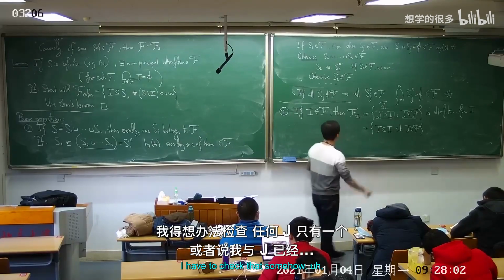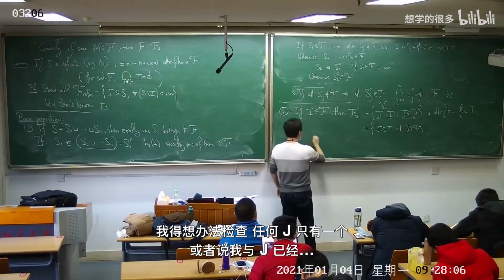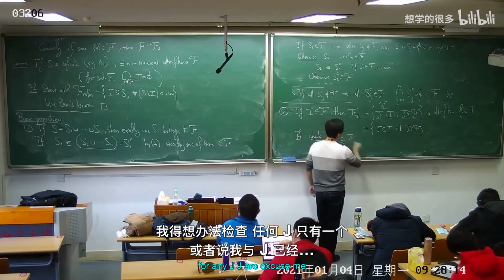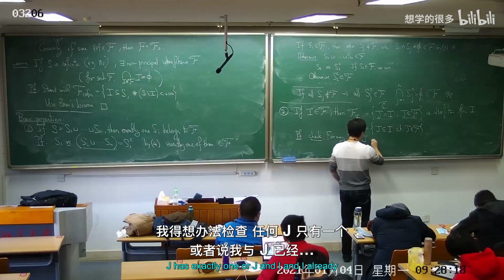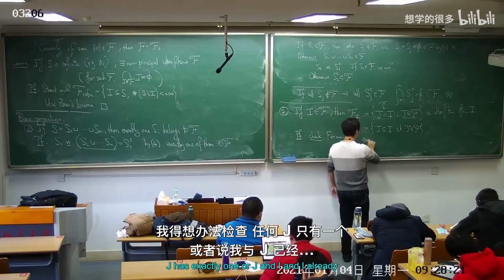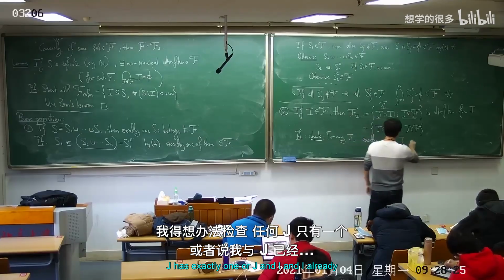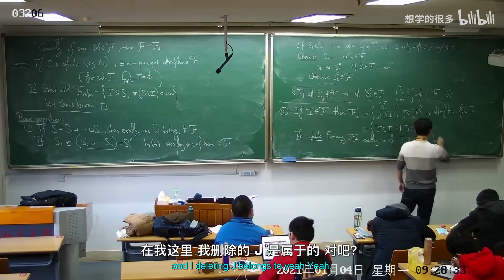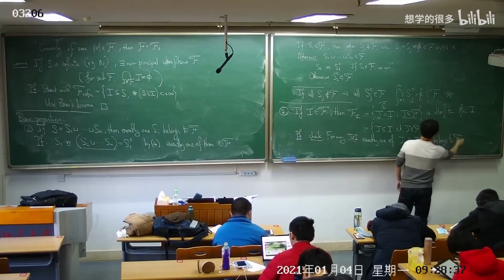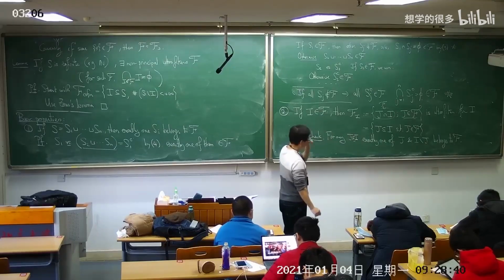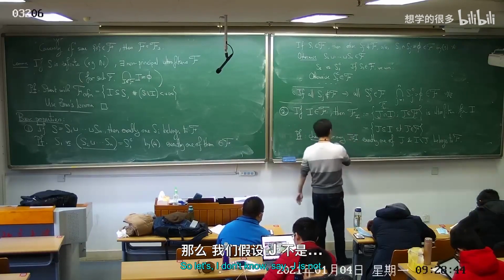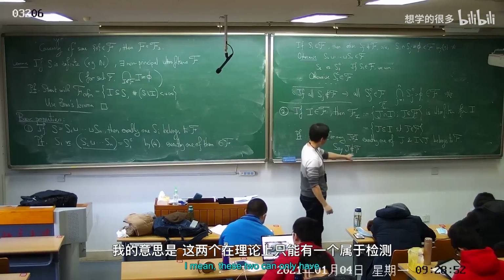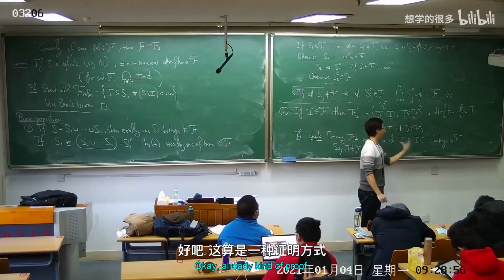We have to check that for any J, exactly one of J and I minus J belongs to F. Let's say J is not in F. These two can have at most one belong to F because they're disjoint; I already kind of proved that.